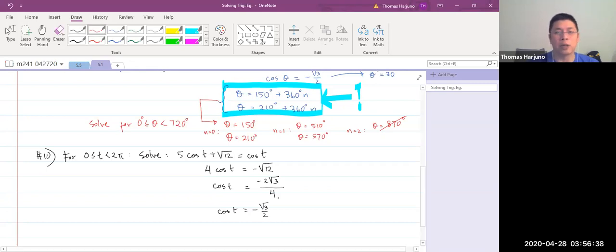Okay, now let's get the reference angle first. The t hat will be, cosine t hat is radical 3 over 2. So what is t hat?